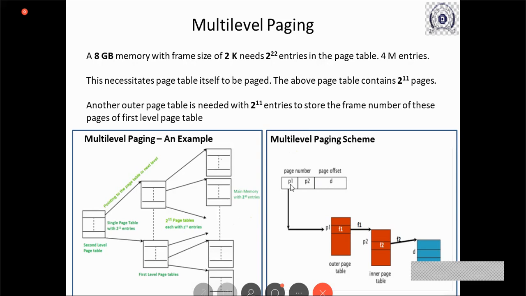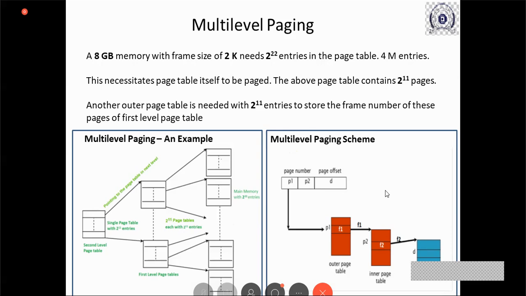The outer page table will give the frame number of the frame which contains the intended instruction or data. The CPU generates a logical address for accessing instruction or data.